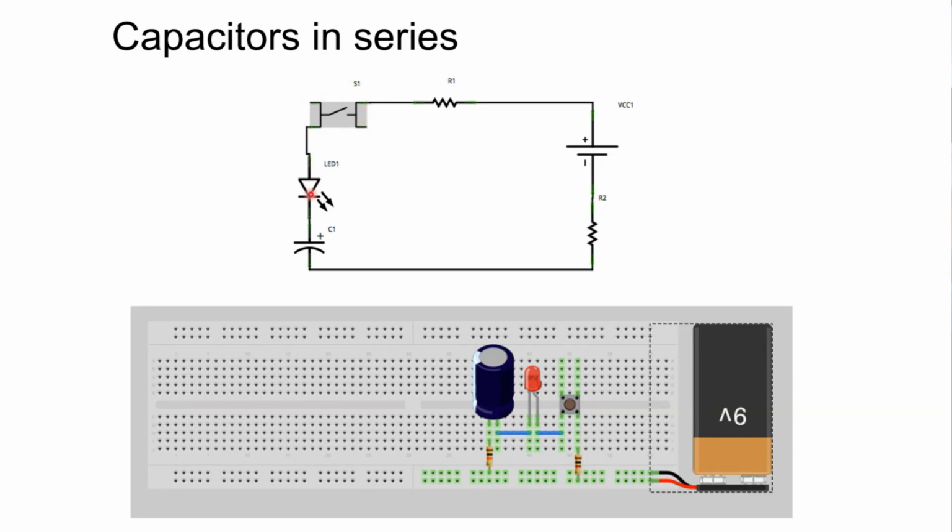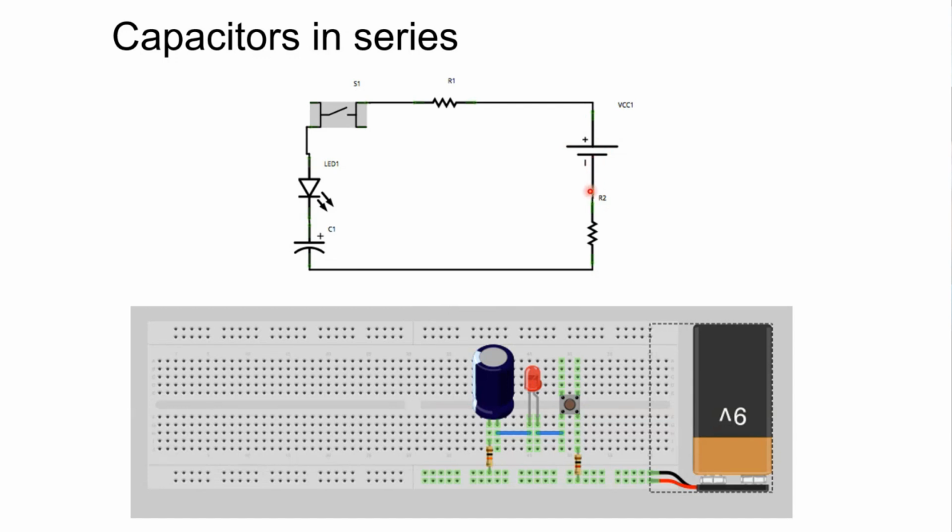So there's a switch which is connected to an LED, and this is your capacitor. From the capacitor we connect to a resistor so that it does not drain off instantaneously, and then it goes back to the battery.